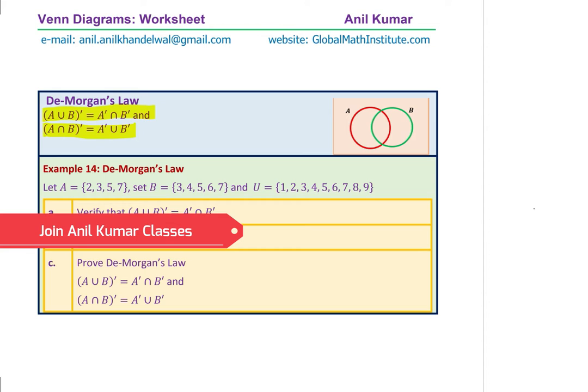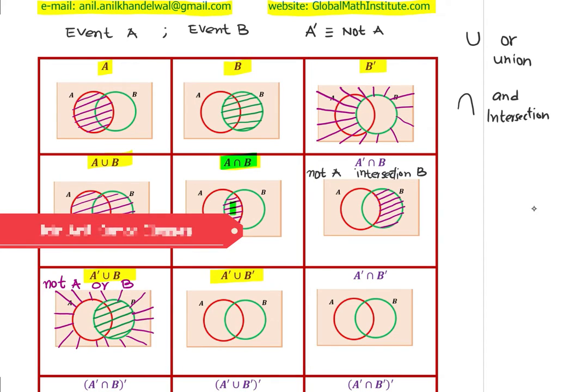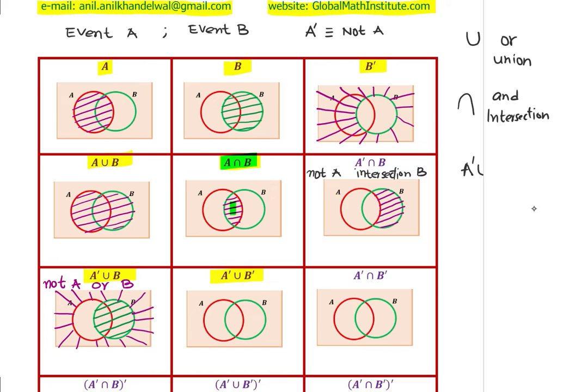I will use this concept and simplify what is not A union not B. When I say not A union not B, it basically means that we are looking into the intersection of A and B and then excluding that. You get the idea. Let's see, does this make sense or not? This is a very important concept. So let's try to shade and figure this out.